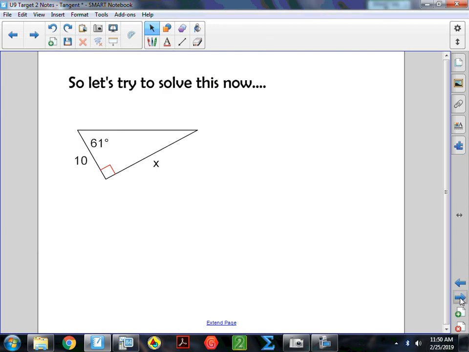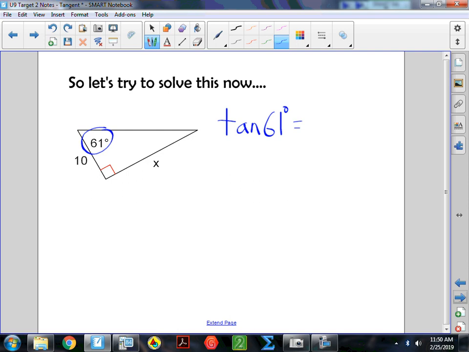And so we can also use the tangent ratio as an equation. So we have a 61-degree angle, and we will say tangent of 61 degrees is equal to x over 10, the opposite over the adjacent. I do not need the hypotenuse to do the tangent ratio.